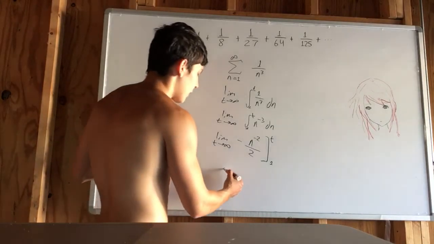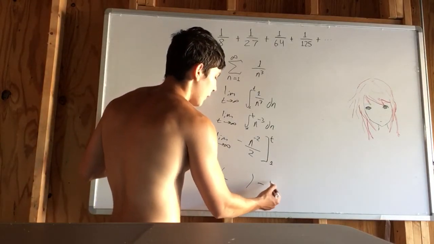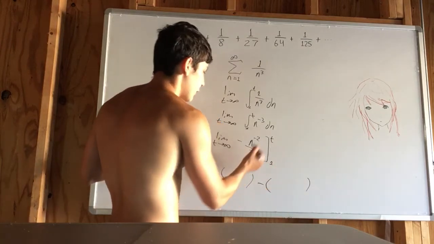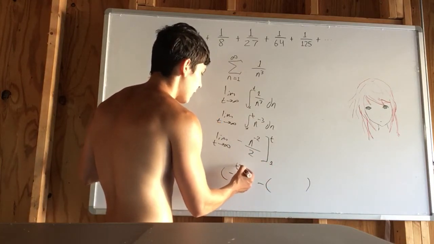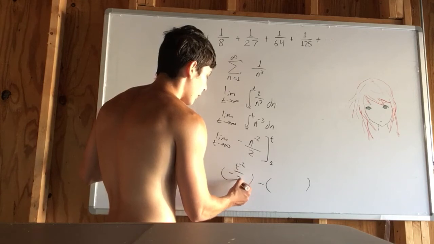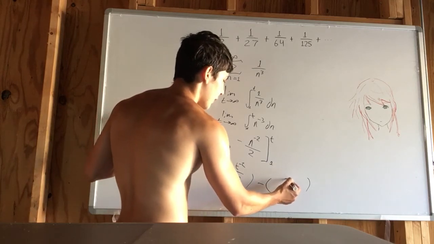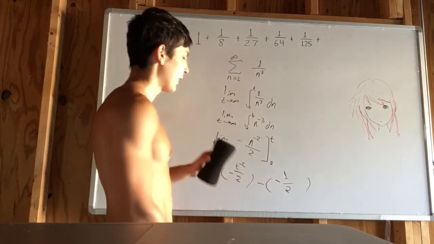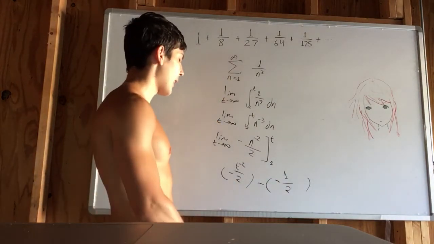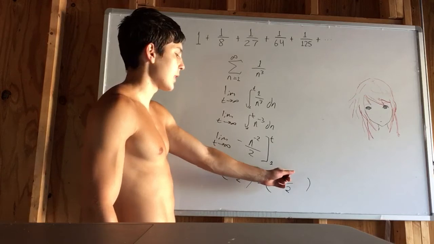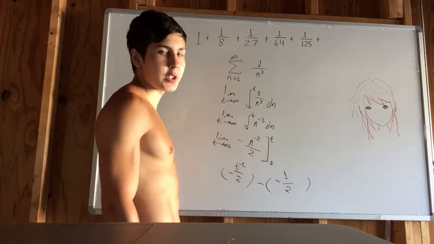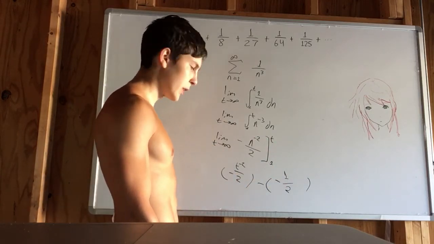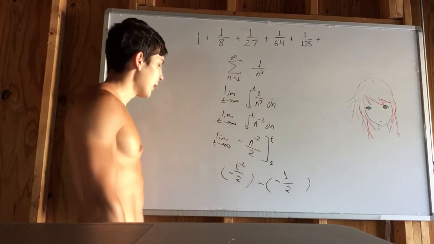We subtract our lower bound from our upper bound. So with our upper bound, we have negative t to the negative 2 over 2. Our lower bound, we have 1 over 2, and it's negative, so negative 1/2. That's because 1 to the power of negative 2 is just 1. 1 to anything is 1.